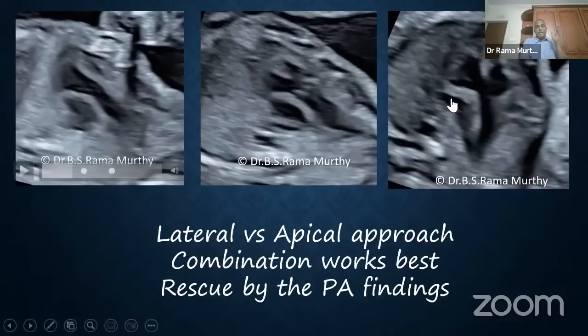Now, what made me do this exercise? The rescue was because of the pulmonary artery. In this case, the pulmonary artery was narrow. And once the pulmonary artery is narrow, you'll think of pulmonary stenosis, but more importantly, you'll think of a tetralogy of Fallot because it's infundibular stenosis.